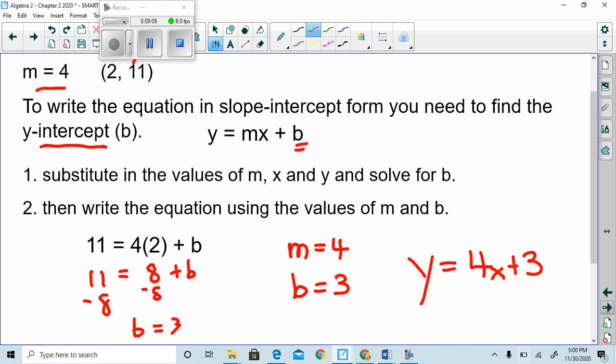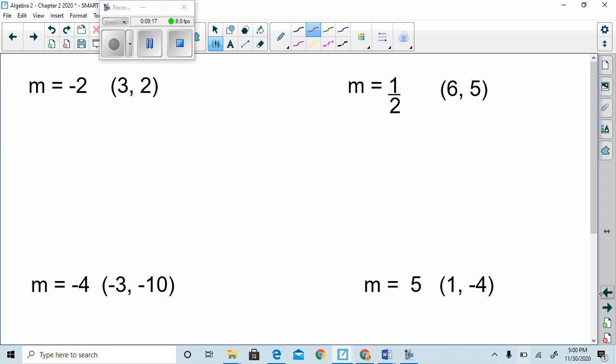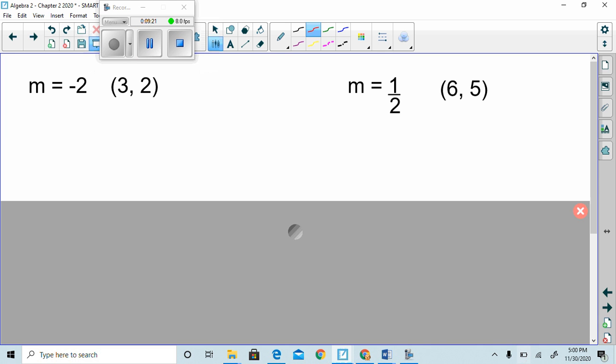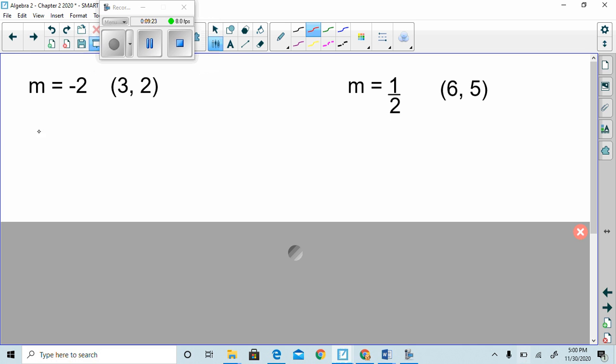Let's just see one more of those. We'll start off with given the slope and a point. If I give you the slope and a point, we're just going to substitute them in. So here, let's take a look. Remember, I'm dealing with y is equal to mx plus b. This is my x, and this is my y.